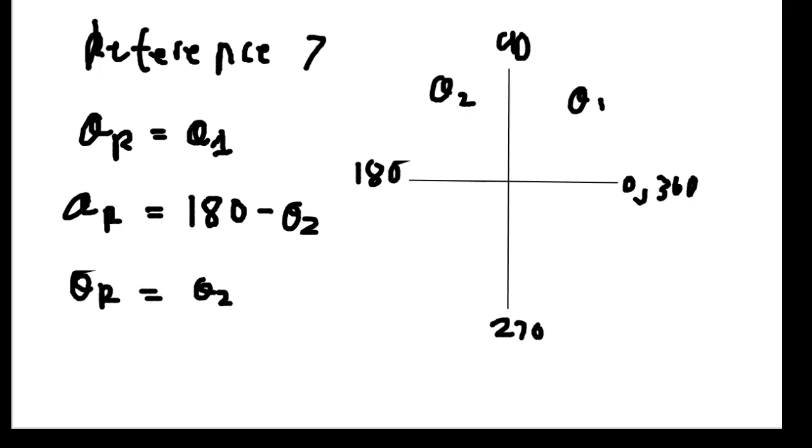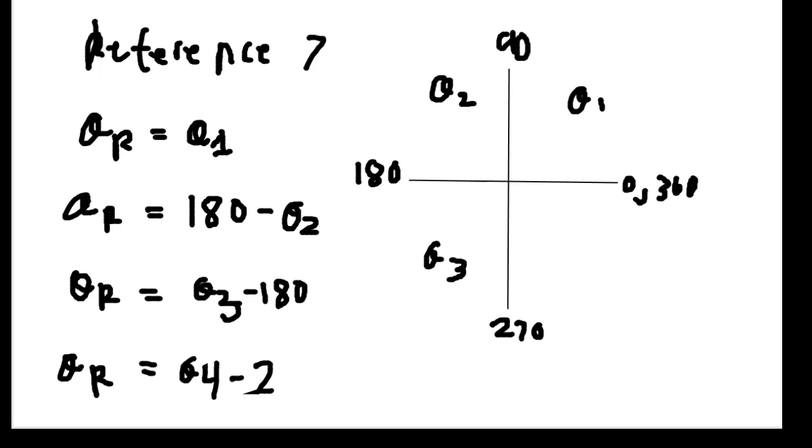Kapag nasa quadrant 3 naman, it's just the angle in quadrant 3 minus 180. So we will get the reference angle. Reference angle naman sa quadrant 4 is angle of 4 minus 270 degrees. And that's basically for the formulas. It's easy to memorize those things, I promise.